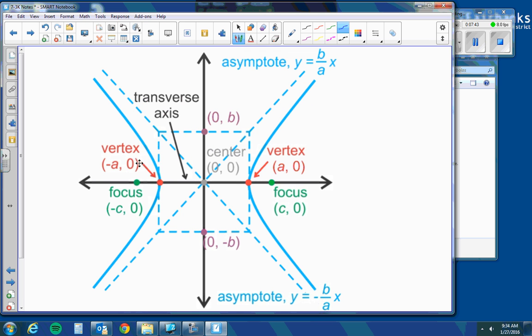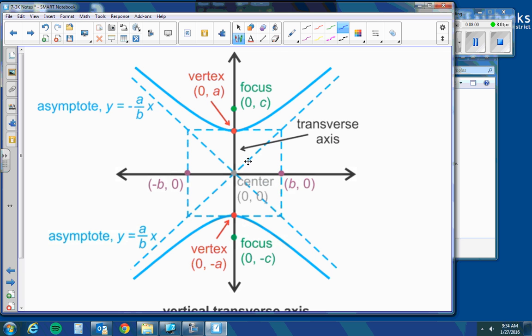The other thing that's not labeled is, look right here. This is a horizontal hyperbola. This axis that connects vertex to vertex is your transverse axis. Go ahead and label it. Like I said, on a horizontal hyperbola, you have the horizontal transverse axis going from vertex to vertex. If it was a vertical hyperbola, well, then you have the vertical transverse axis going from vertex to vertex.